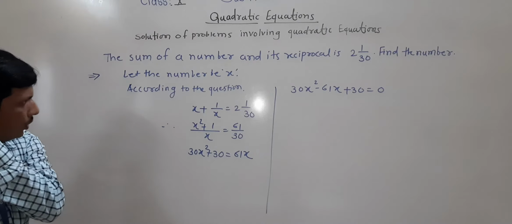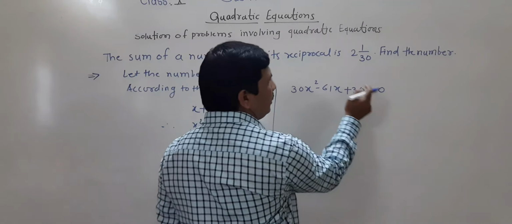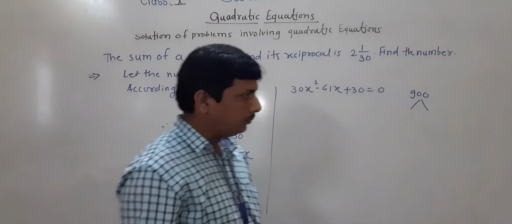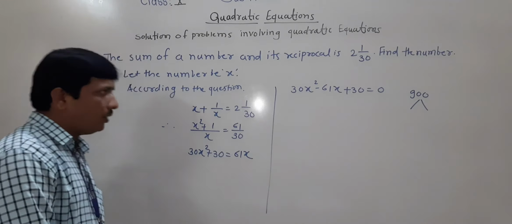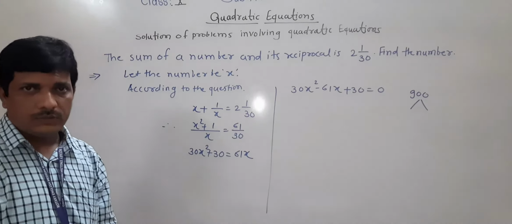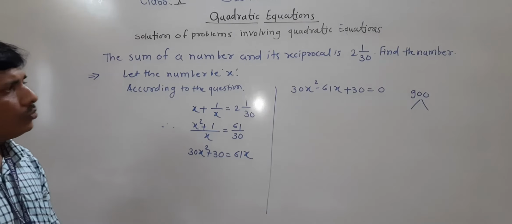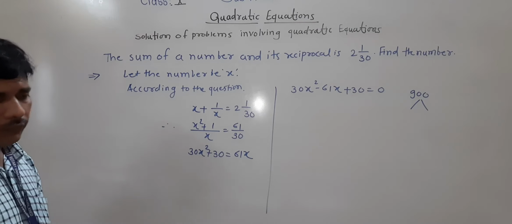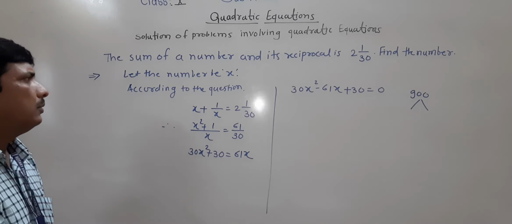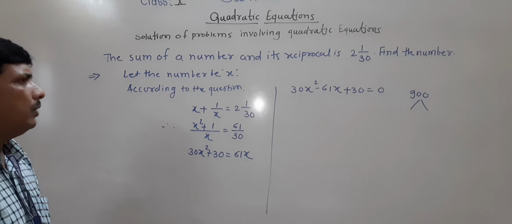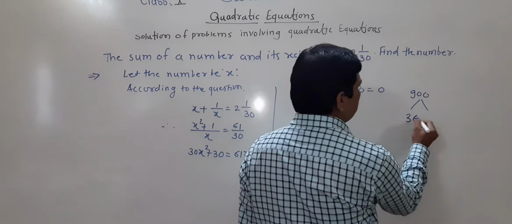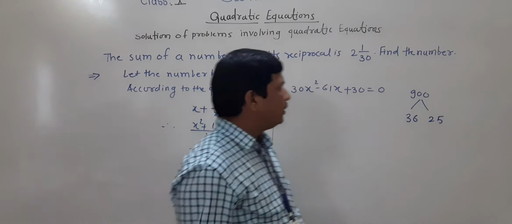Okay, so now 30 into 30 will be 900. 900 we need to factorize in such a way that the sum of both the factors should become minus 61. So the factors are 36 and 25.